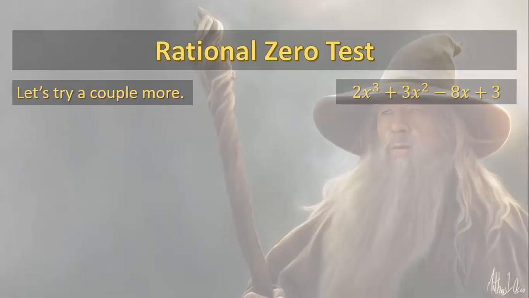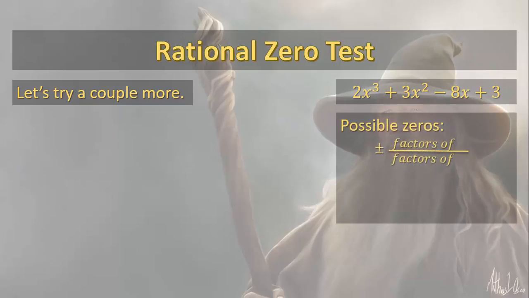All right, we got 2x cubed plus 3x squared minus 8x plus 3. All the factors of 3 over all the factors of 2. The factors of 2 are 1 and 2, so that's going to make things a little different here.